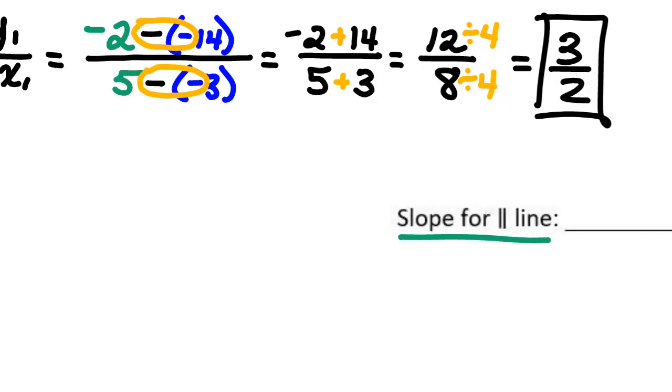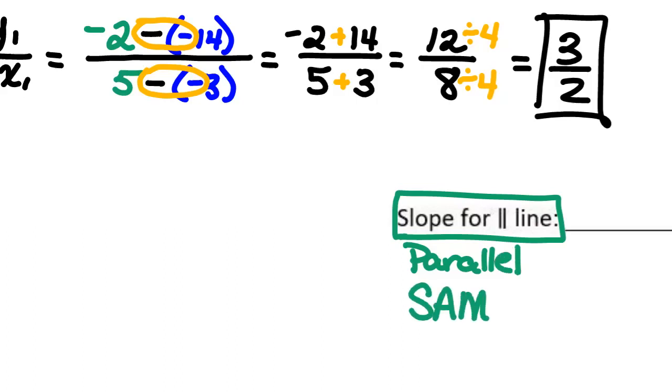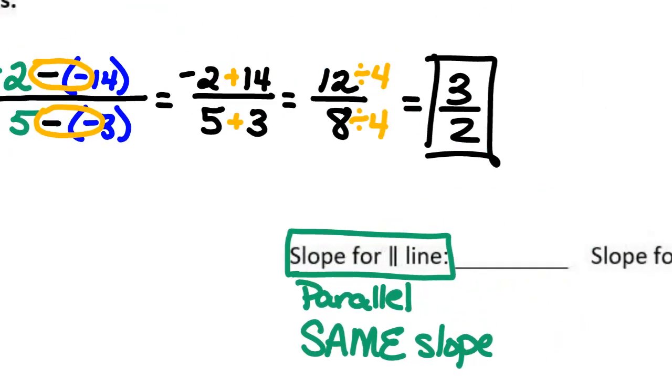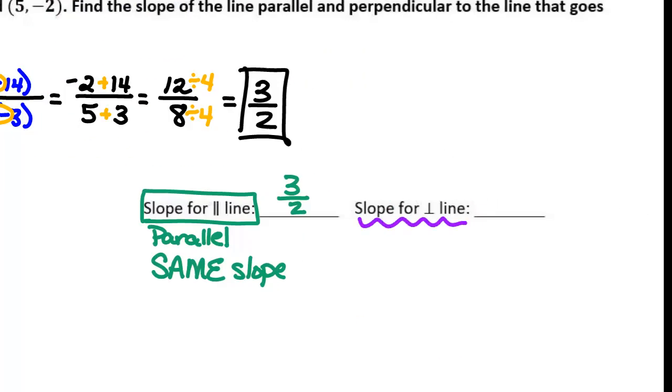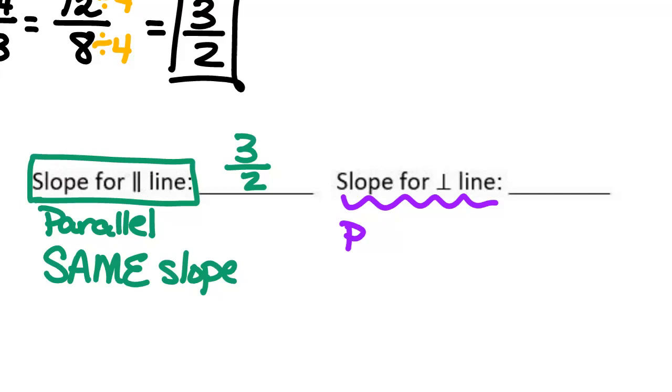How would I find the slope for the parallel line? It's going to be the same slope, so this is also going to be 3 over 2. Perpendicular slope, how do I find perpendicular slope?